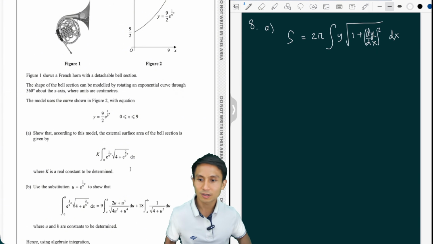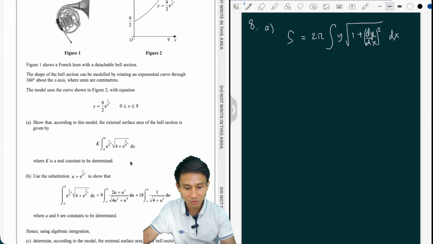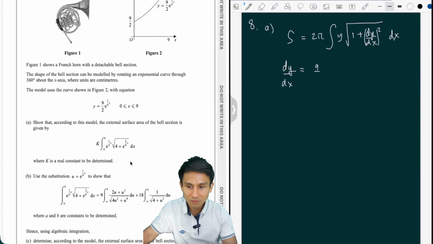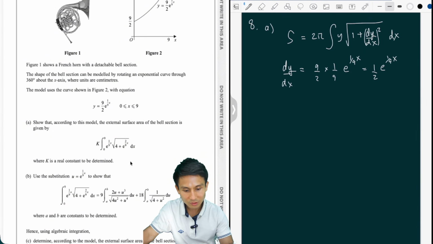Right. So we have y to be that, so we do dy by dx first. We just get 9 over 2 times 1 over 9 e to the 1 over 9x. And that is just 1/2 e to the 1 over 9x, right? So that's fine. So the external surface here is just 2 pi times integral.